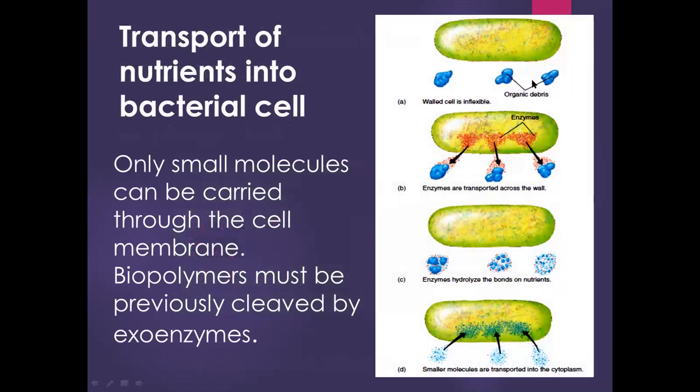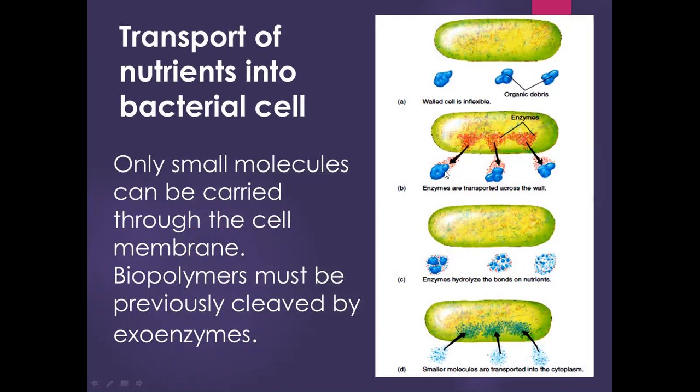And due to this rigid cell wall, bacteria can ingest only small molecules, and large biopolymers like proteins or polysaccharides cannot be transported through this cell wall and through the membrane. Firstly, bacteria produce a hydrolytic enzyme and release it outside of the cell.